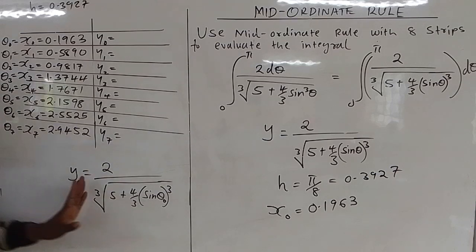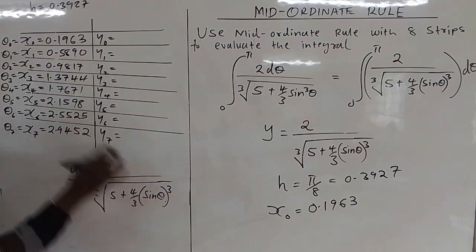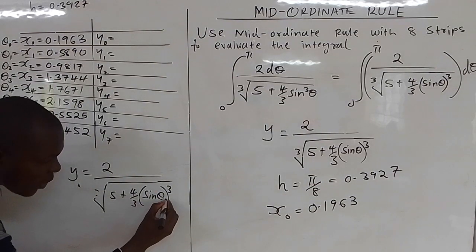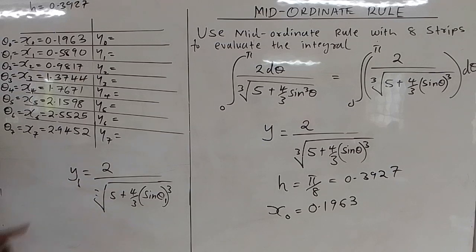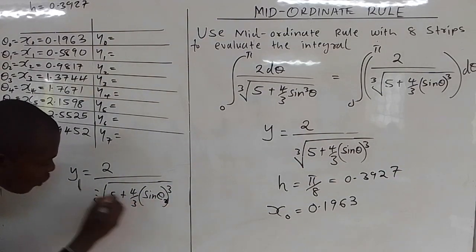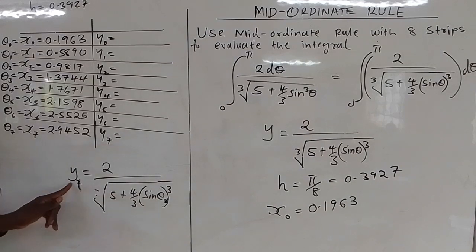When you are looking for y naught, this is the formula. When you have theta 1, you put 1 where there is theta and 1 where there is y, meaning y1 is given by that formula. When you have theta 2, you put 2 on theta and on y. When you want y2, you use that formula. Have you seen the idea?